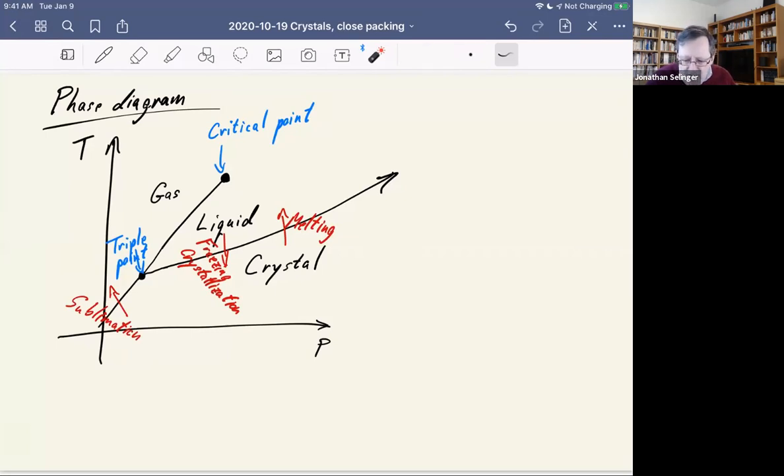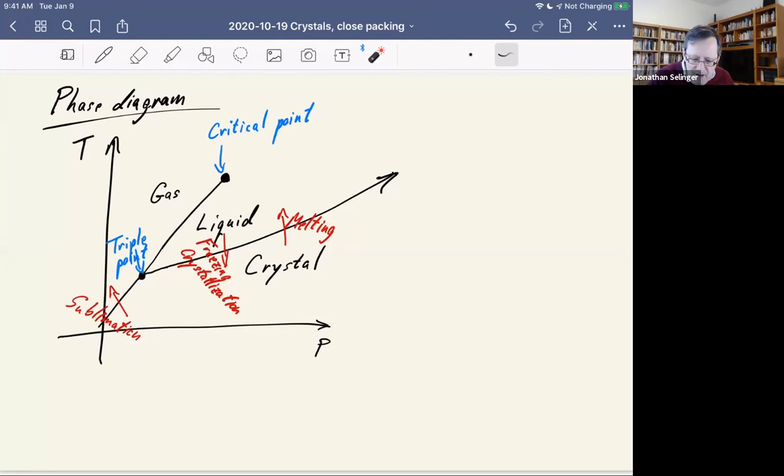You can only have a critical point between gas and liquid because gas and liquid have the same symmetry. Because they have the same symmetry, the differences between gas and liquid are just quantitative differences about what the density is.